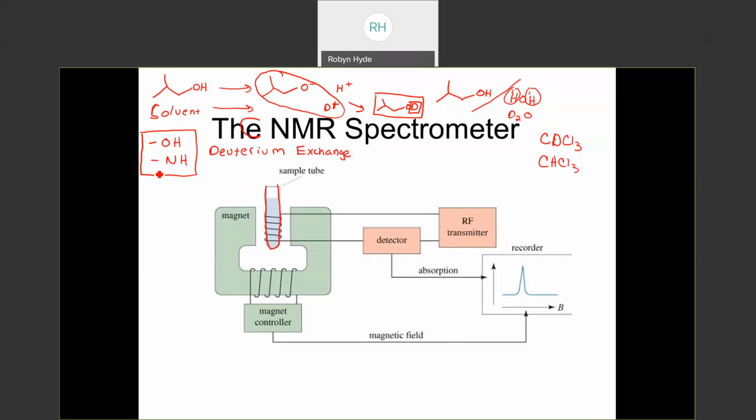So when you have your sample, it's prepared, it's all mixed up, we turn on the air, and there's airflow going up this very thin metal tube. We place our sample into that metal tube with the airflow coming up, and the airflow goes around the side of the tube.